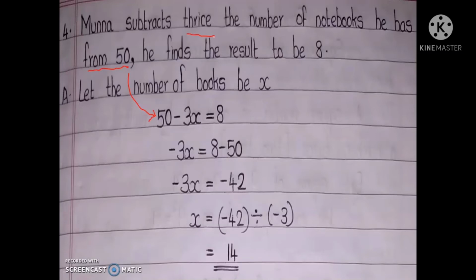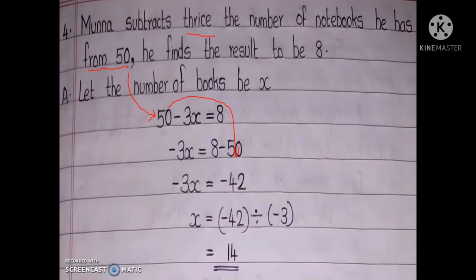This positive 50, when I take to the other side, it becomes minus 50. What is 8 minus 50? It is minus 42.